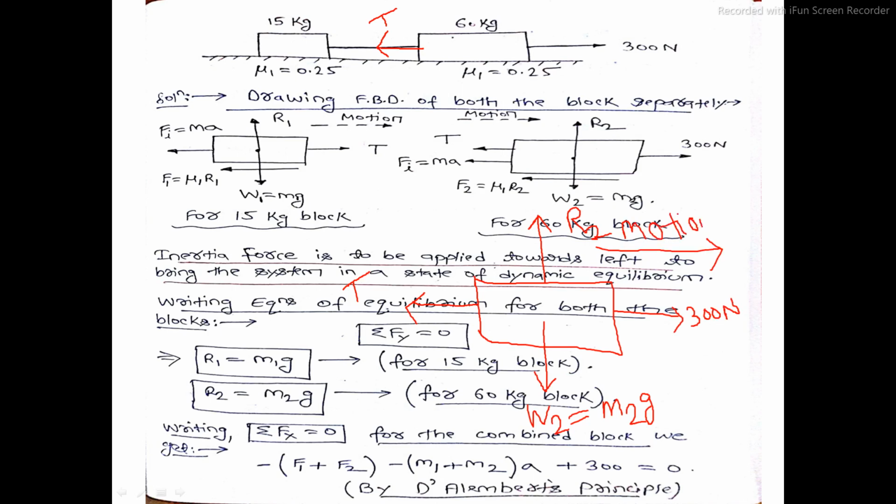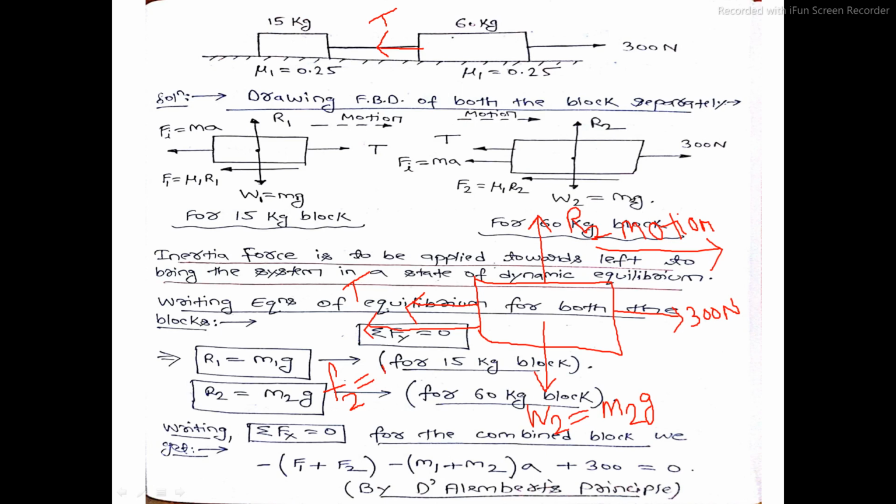Is my FBD complete? No, I haven't introduced the inertia force into the picture. So what will be the direction of inertia force here? Here the direction of inertia force is opposite to the direction of motion of the 60 kg block. Since the 60 kg block is moving along positive x direction, the inertia force will act along negative x direction, and it is denoted by, say, F2, equal to mass into acceleration of the block.